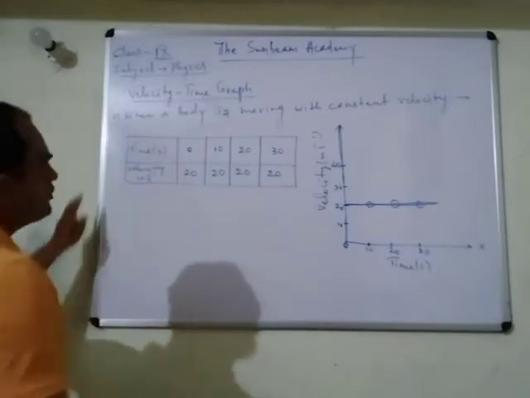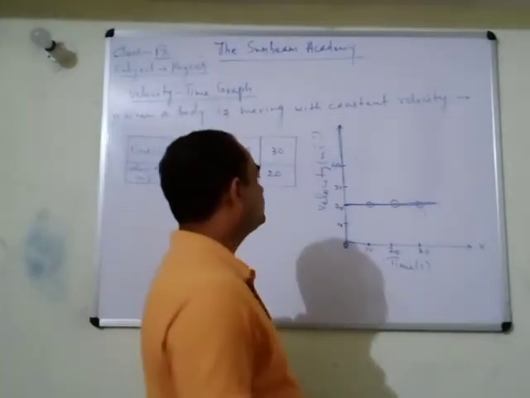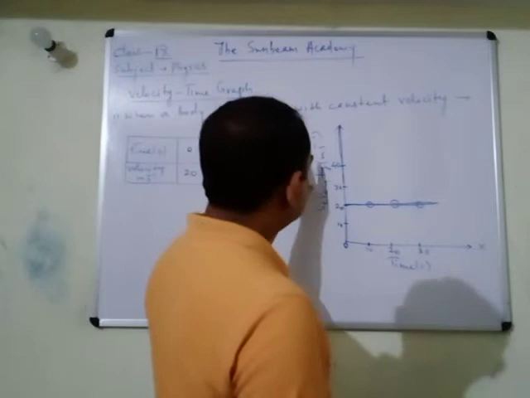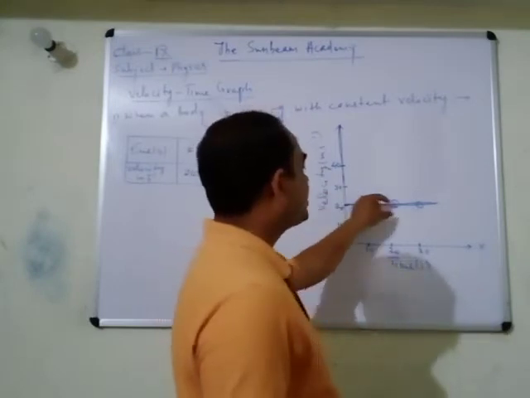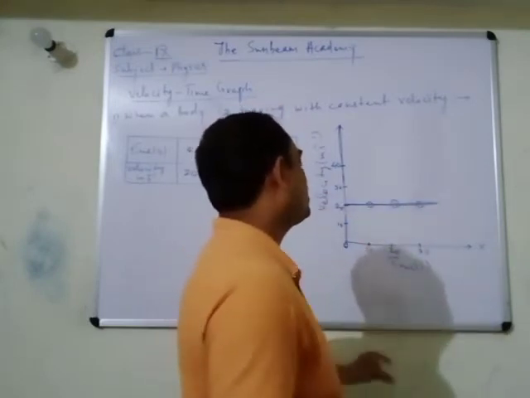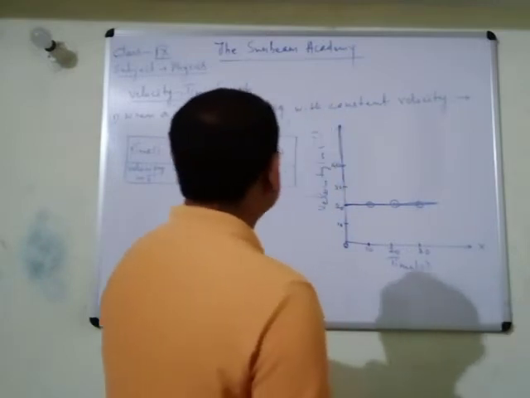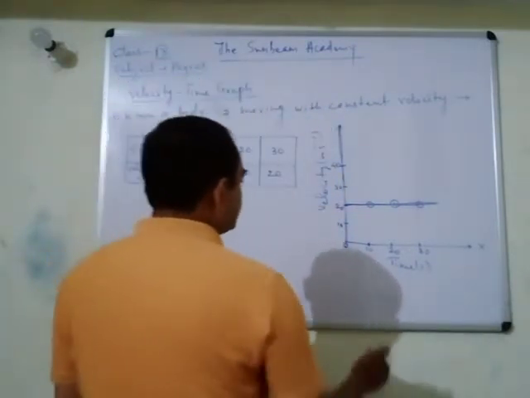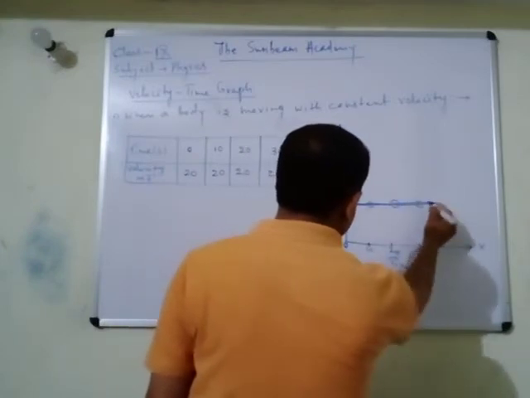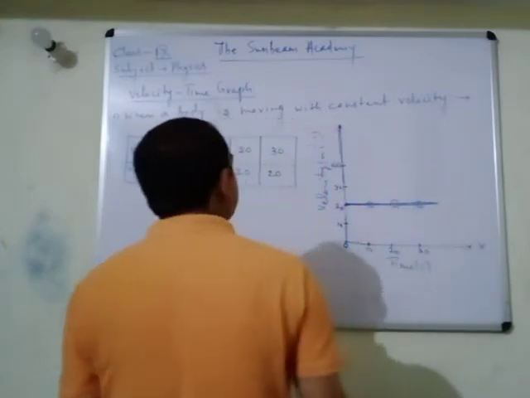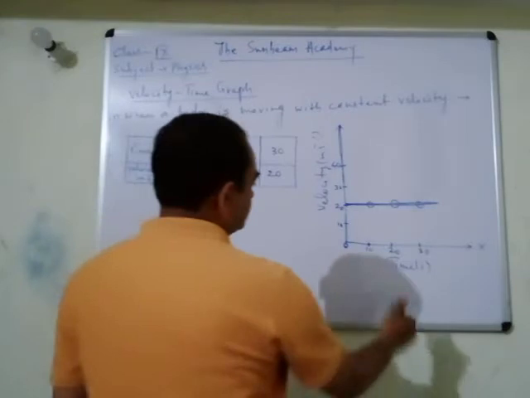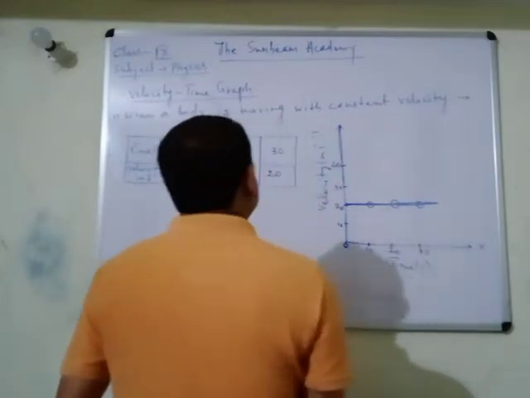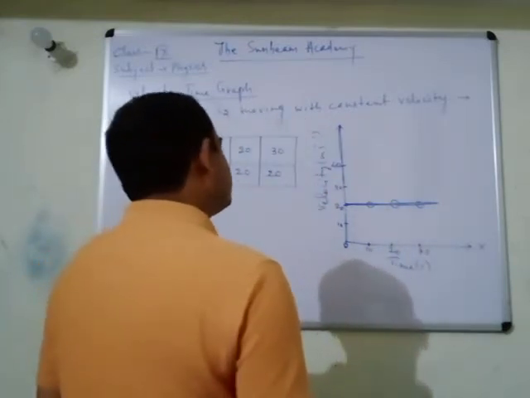So if a body is moving with constant velocity, then the velocity time graph will be parallel to the x-axis or time axis. This must be clear to you that if this line is parallel, the slope of the line is 0.